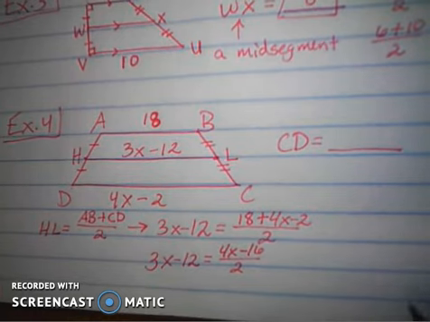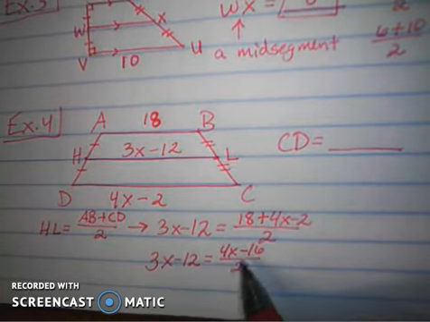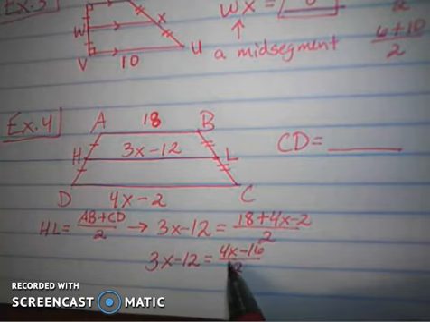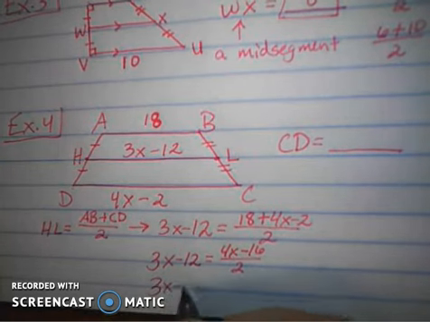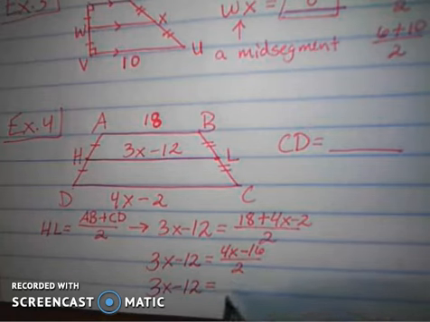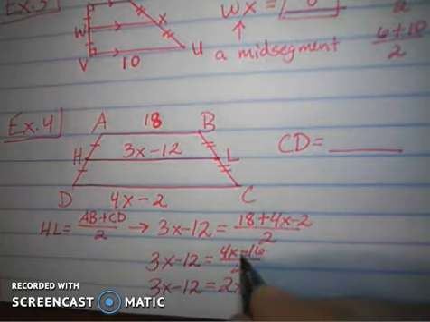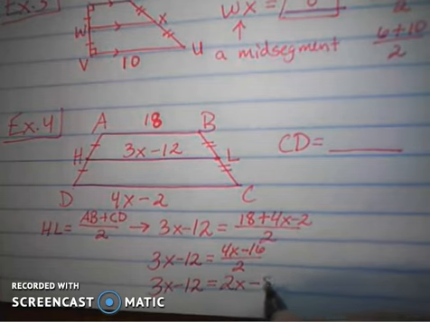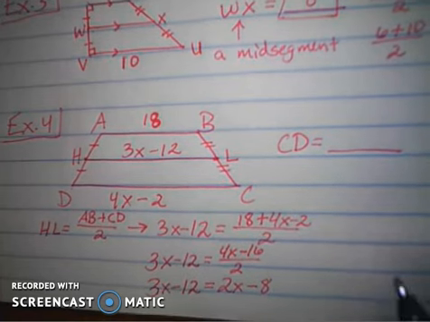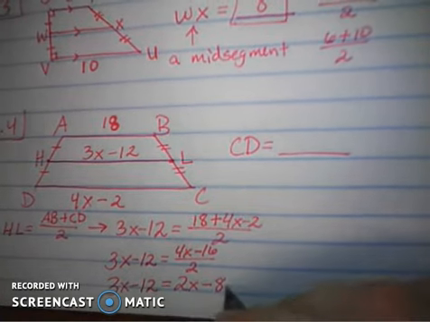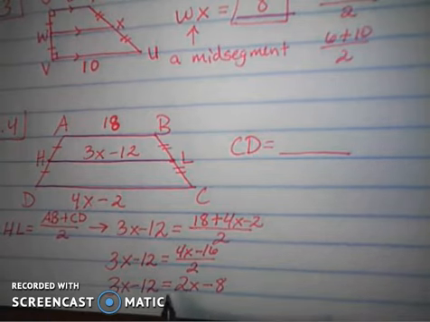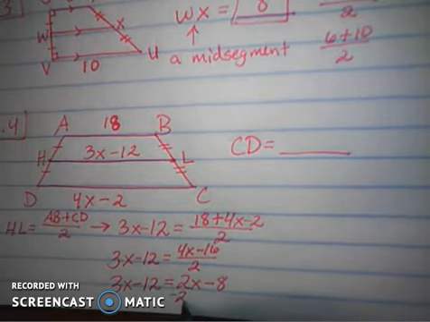And there's a couple ways we can go about this. Since I noticed that 4x and negative 16 are both even numbers, I like to distribute the division of 2 and get an equation without a fraction. 4x divided by 2 is 2x. Negative 16 divided by 2 is negative 8. And so now I can start to get x by itself, subtract 2x from both sides.